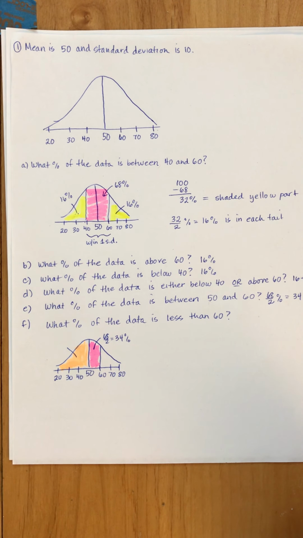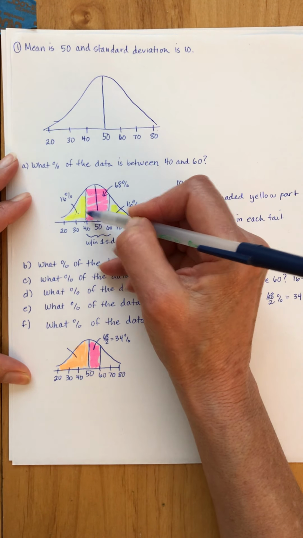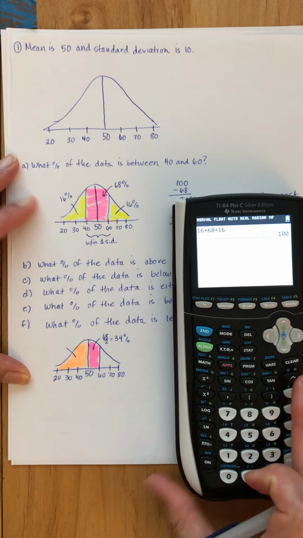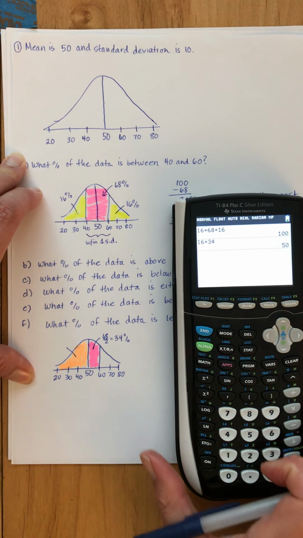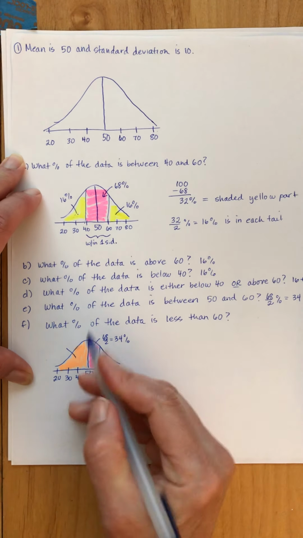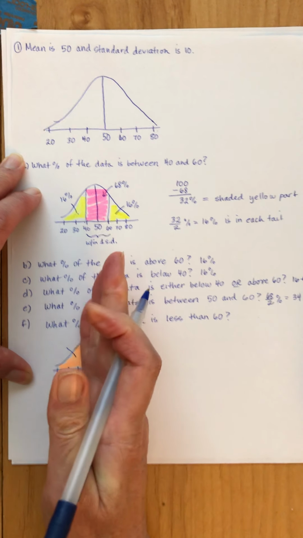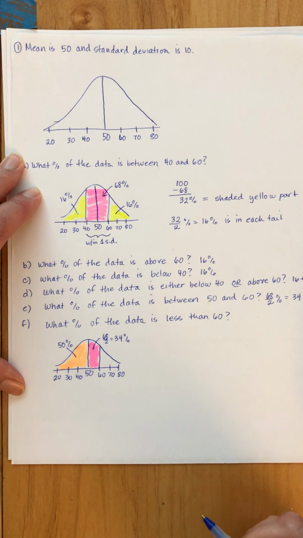You could do it two different ways. You can look at the picture above and say it's the pink and the yellow together. Let's try that out. The yellow is 16, plus the pink, which is 34, which gives us 50. Or you can say it's half of the curve. The mean divides it in half, so that's 50%.